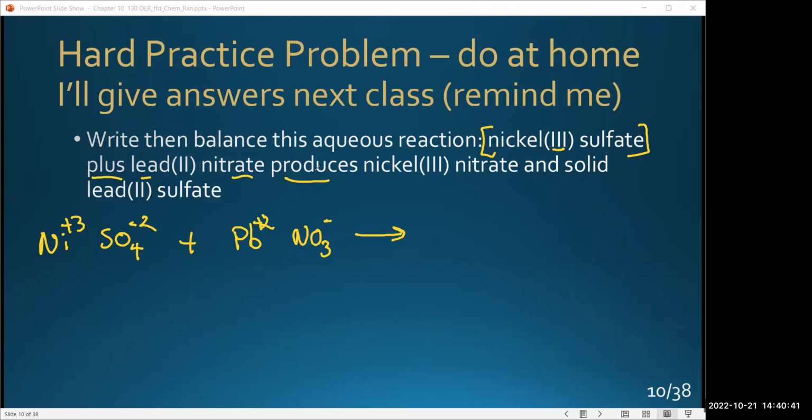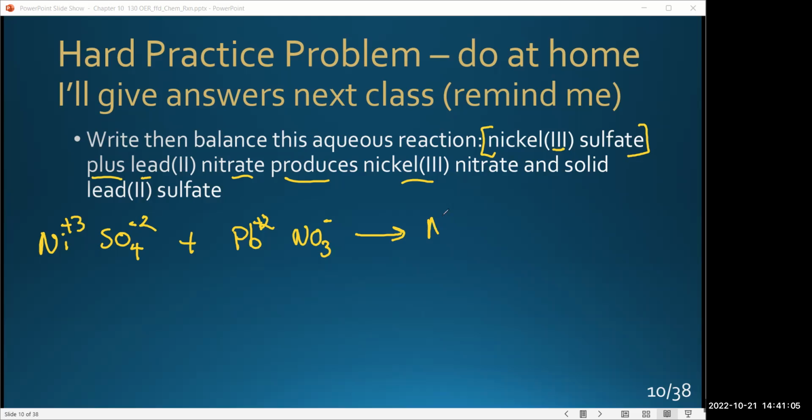Now, when you see these types of reactions, 9 times out of 10, the oxidation state of the metals will remain the same. It is feasible to start off with nickel 3 and then get converted to another oxidation state, but we're going to always keep them the same. Produces nickel(III) nitrate.